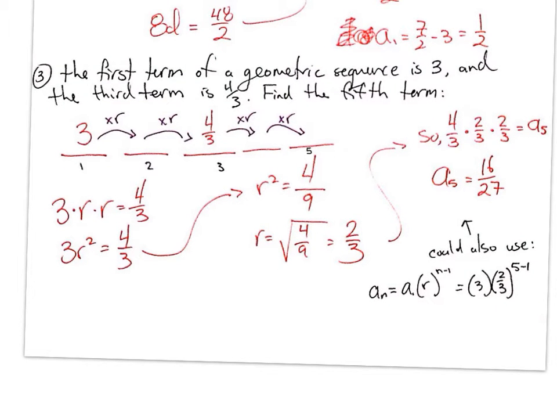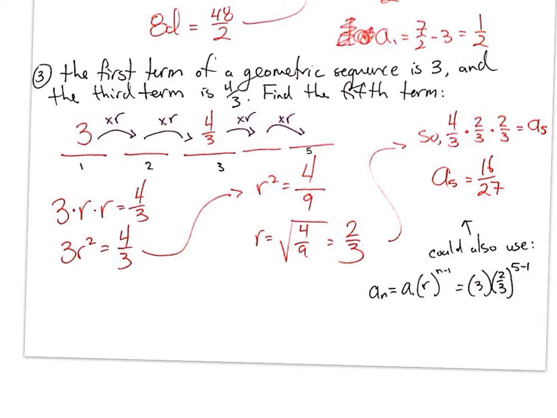So, what do we have? Third term times r. So third term times r is a sub 5, the value of the fifth term. And when we multiply, I think we get 16/27. Cool.